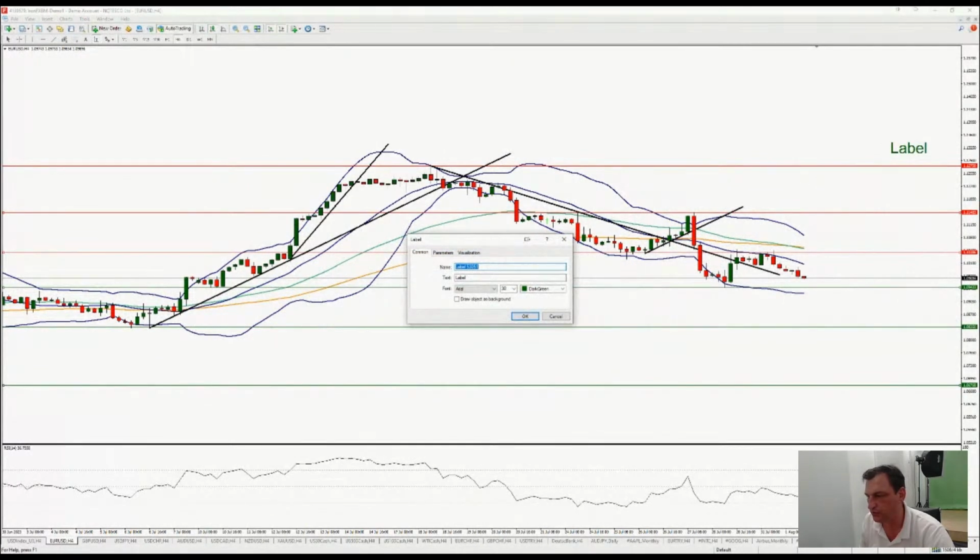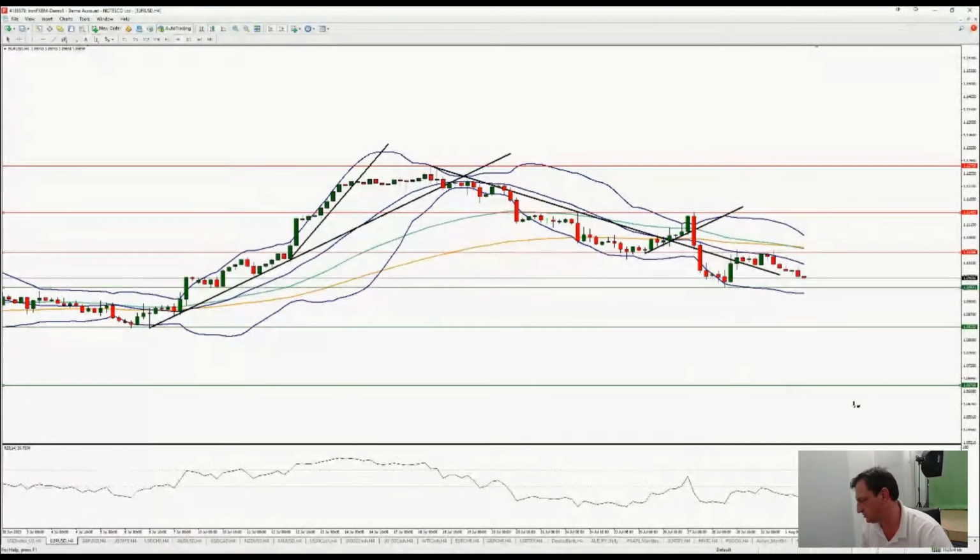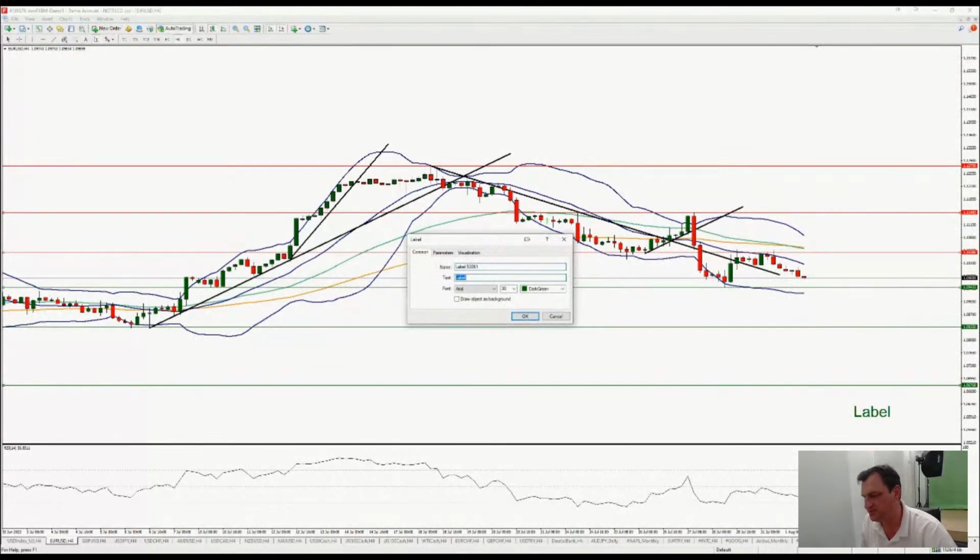Starting with the R3. In my opinion, let's start with the support lines. Now the ultimate support line would be set at 1.0675.